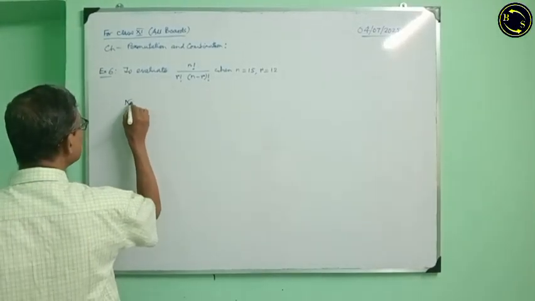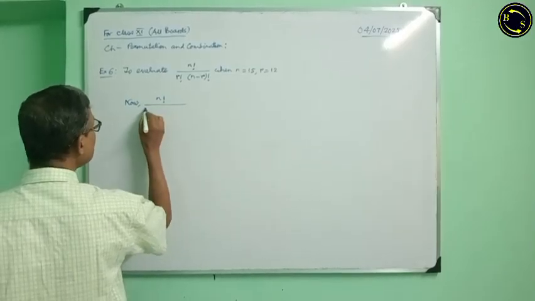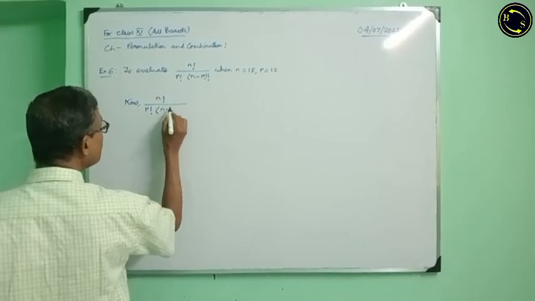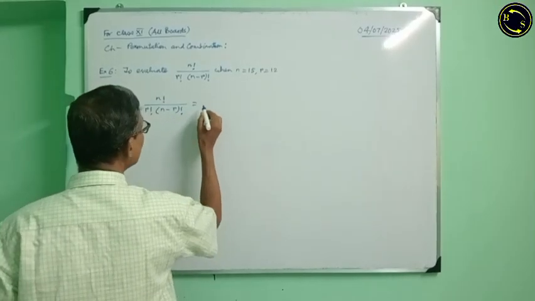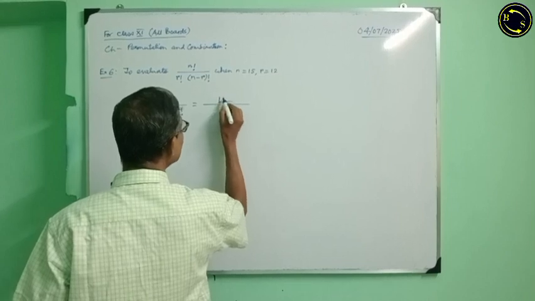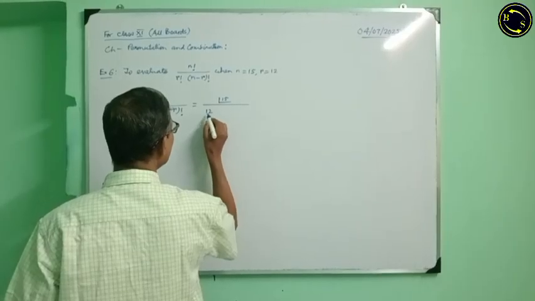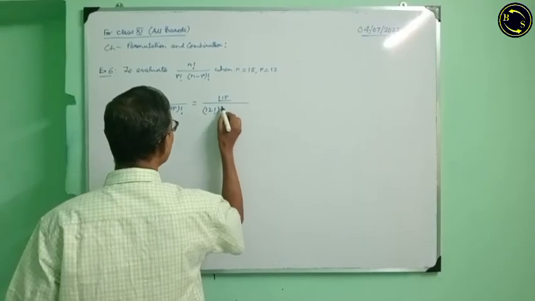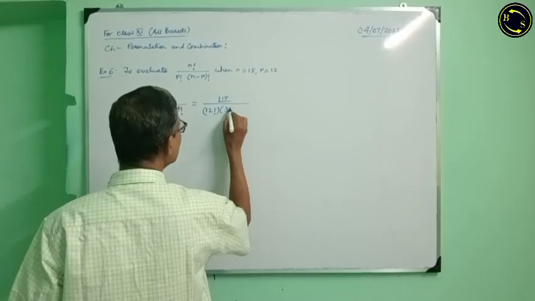Now n factorial by r factorial into n minus r factorial is equal to 15 factorial by 12 factorial into 15 minus 12 means 3 factorial.